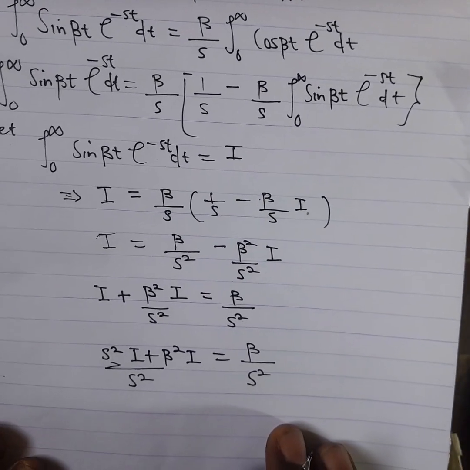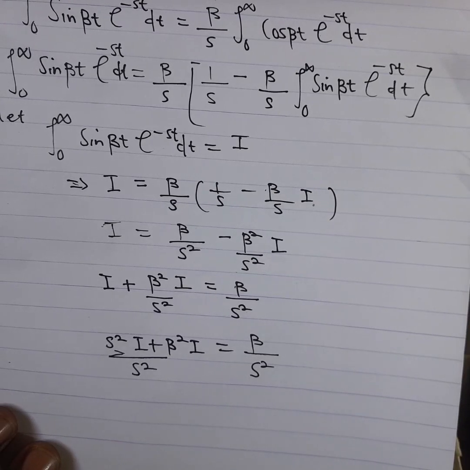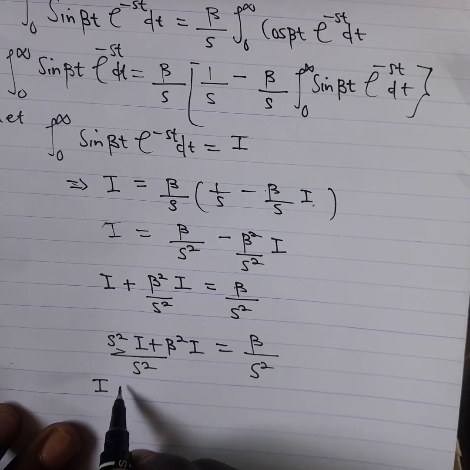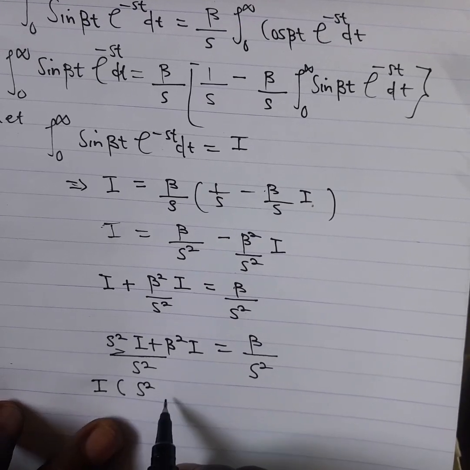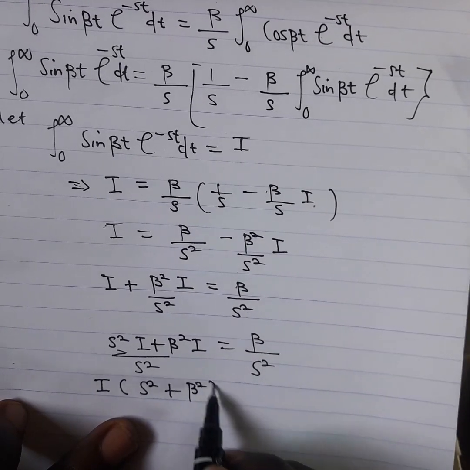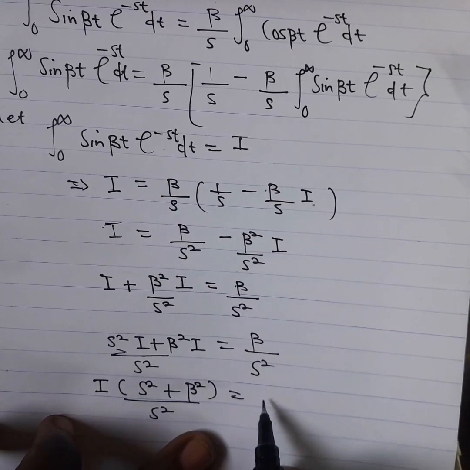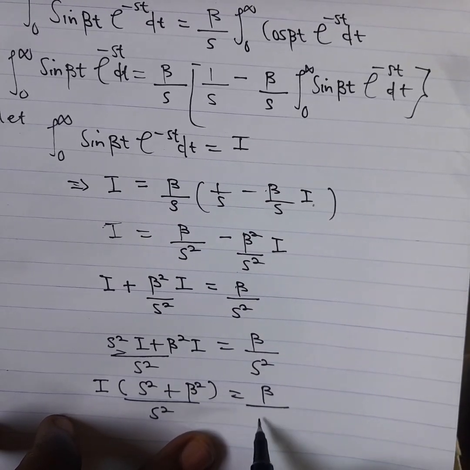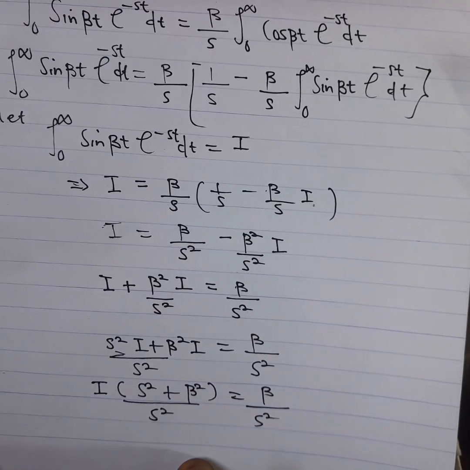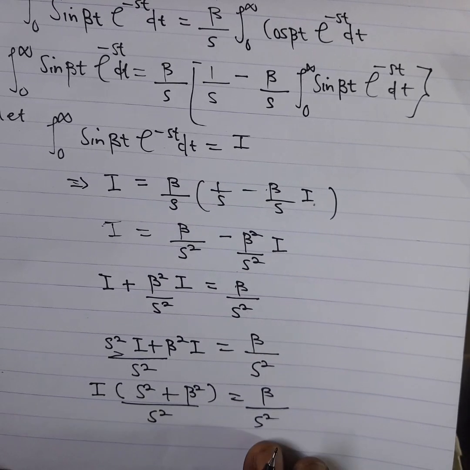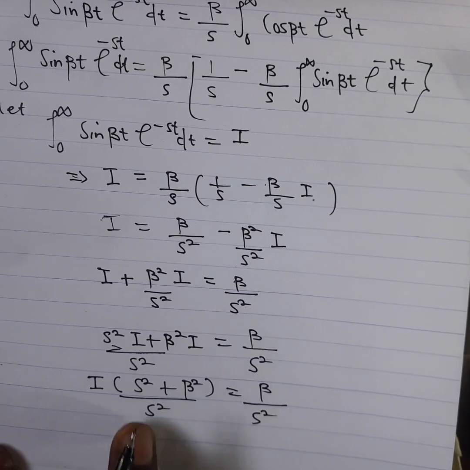Now factorize I: I into bracket of s square plus beta square all divided by s square equals beta divided by s square. To make I the subject of the formula, we divide both sides by this expression.